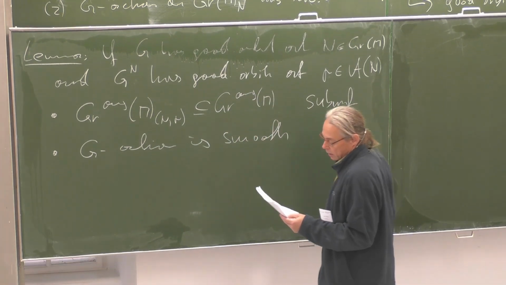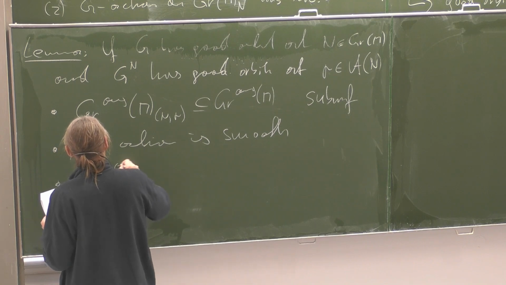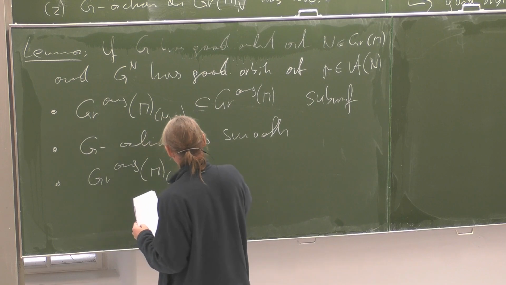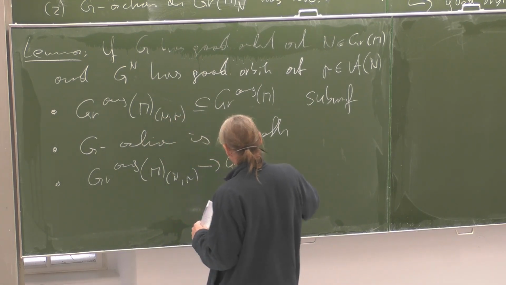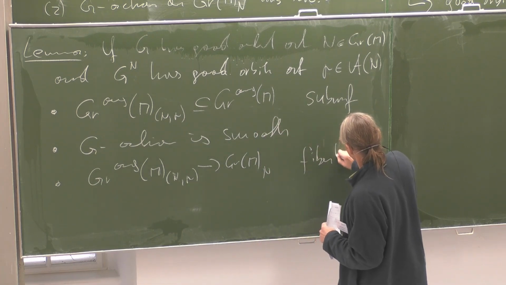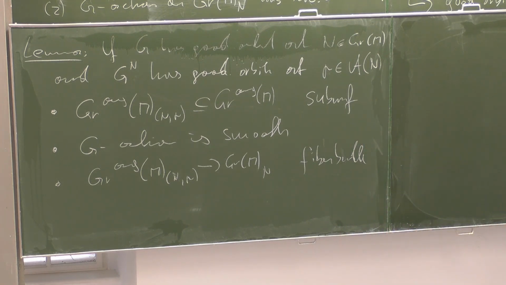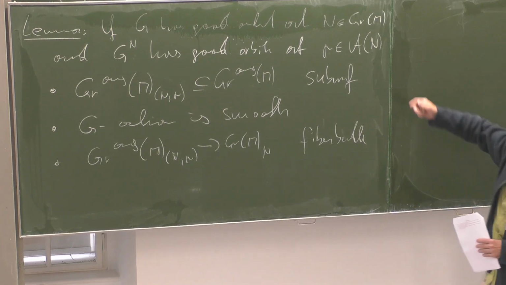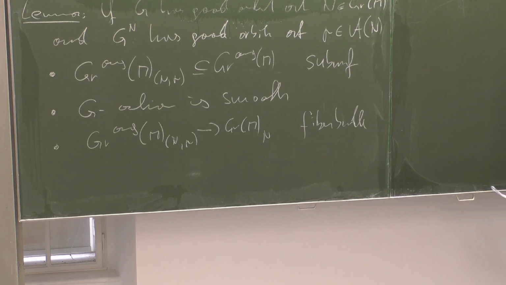And we have a forgetful map from this orbit to N, and this is a fiber bundle with typical fiber A of N. So this is what you want, and my point is that it's only two mild conditions.